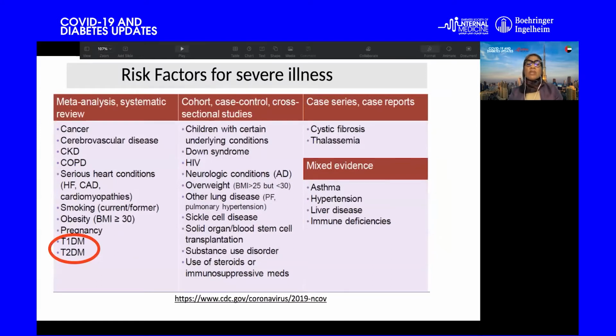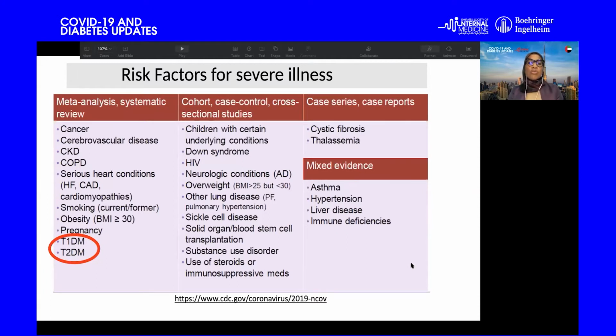So if we look at some of the risk factors for severe illness, what I've tried to do here is look at it in terms of the evidence. The stronger evidence coming from the meta-analysis and the systematic reviews shows that those patients with underlying malignancies, those with cardiovascular diseases, chronic kidney disease or chronic obstructive pulmonary diseases, obesity, pregnancy, and patients with type 2 diabetes are really at risk for the development of severe illness when they have the infection.